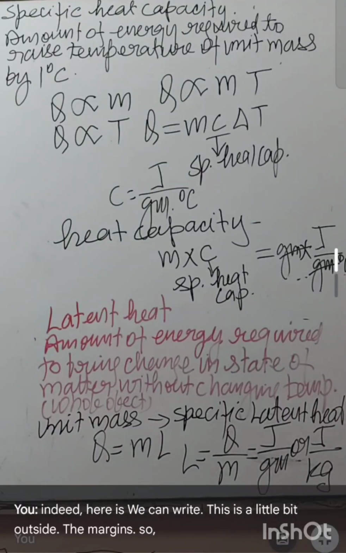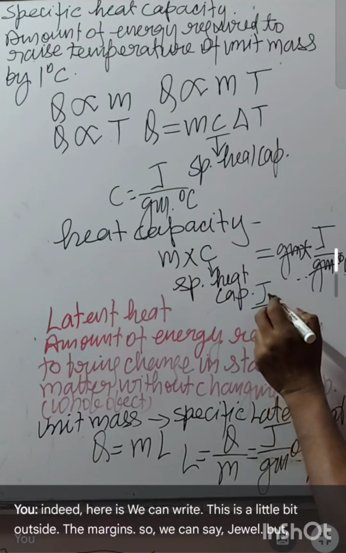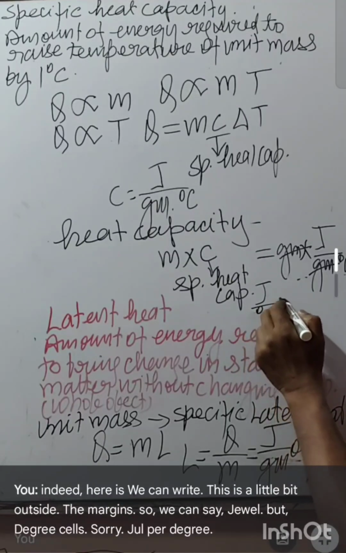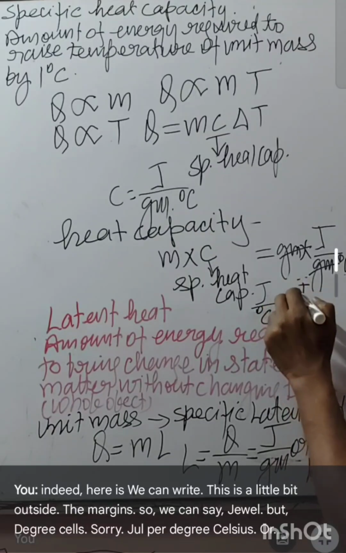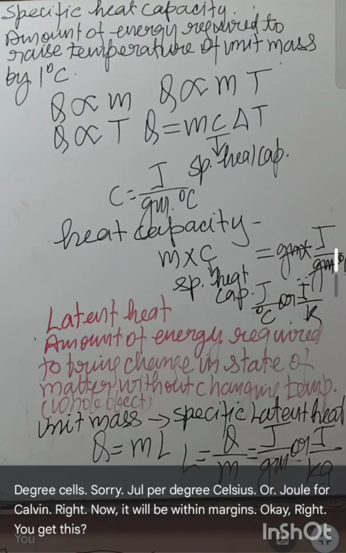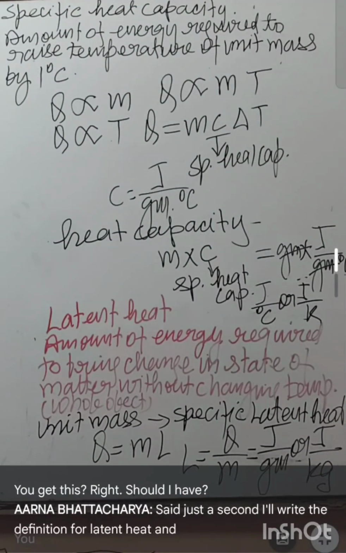So we can say joule per degree Celsius or joule per Kelvin, right? Now it is within margins. You get this? Sir, just a second, I'll write the definition for latent heat. Okay, do the rest.